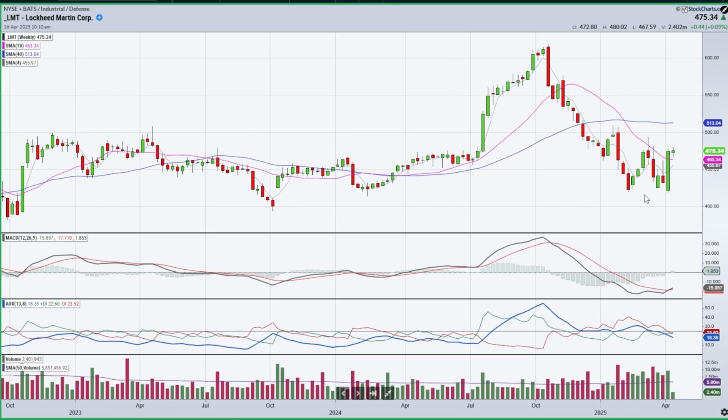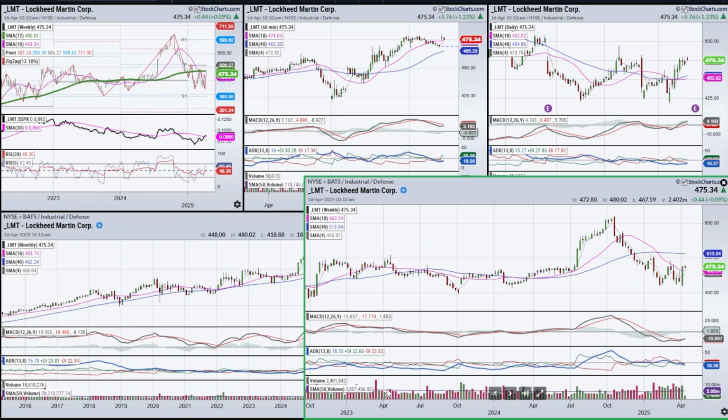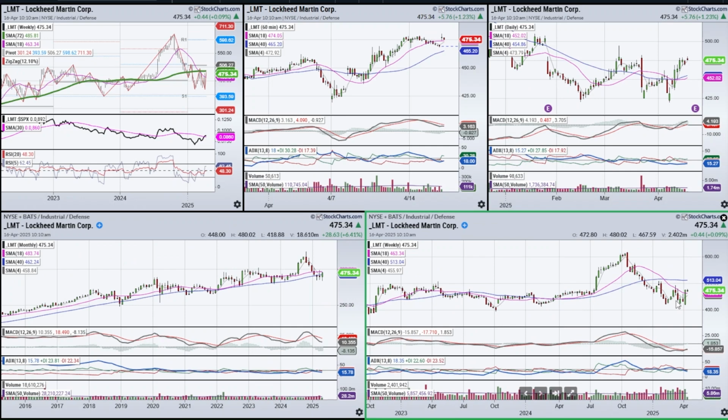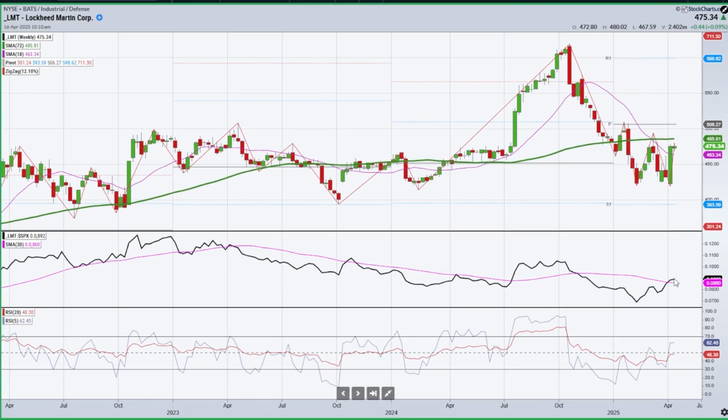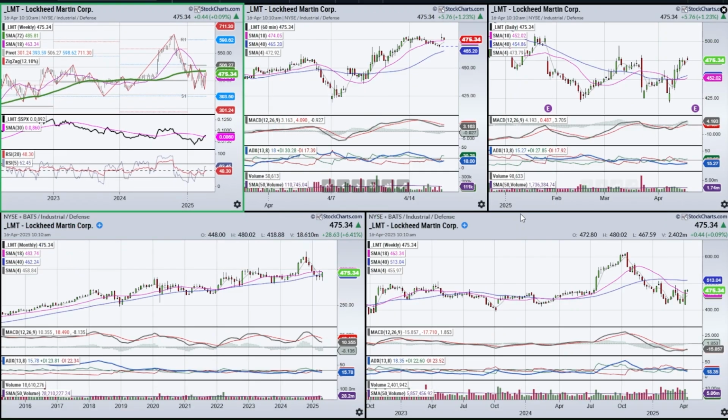Now, I do like the sign when I get these big green bars to show up. I think that is a really good sign that everybody's on the same page and there's legitimate buying going on. I also like to see the relative improvement here. But I think this has some pretty legitimate resistance up at 500. I don't think it's going to be able to just get right through that without a little bit of work. So I would give this some time before considering it.